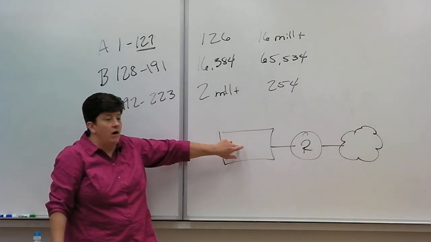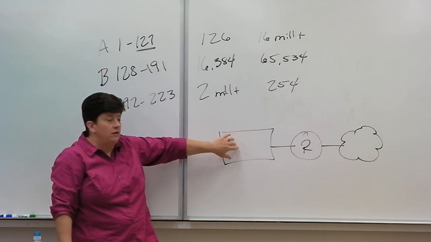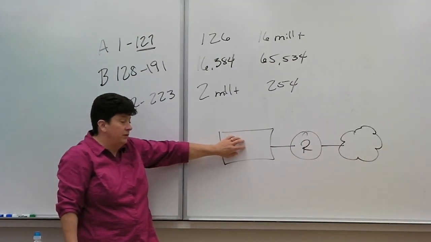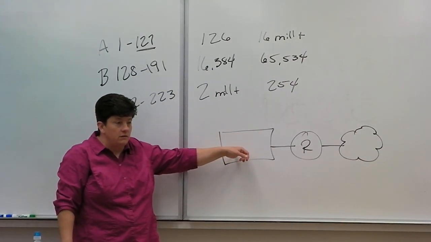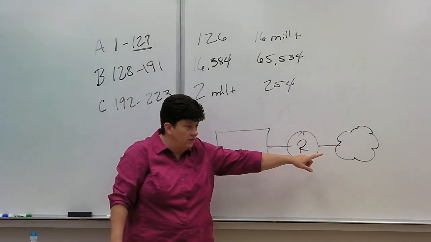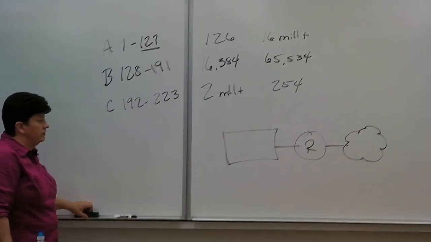I can do whatever I want in here, addressing wise. Y'all mentioned one of them. One possibility is that I could just do private addressing in here and change it. We're going to talk about that at the end of all of this. Okay?